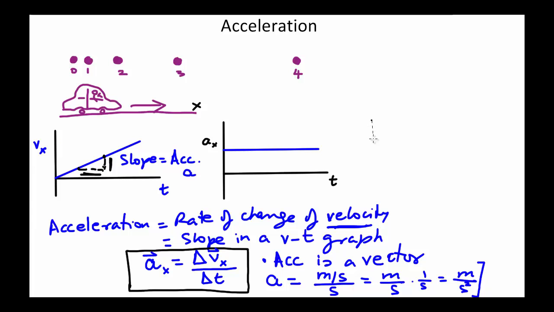And then the position time graph would look like this. I've got position x along the y-axis. I've got time t along the x-axis. And let's say I started at the origin and my velocity initially was 0. I was at rest. So the slope here needs to be pretty flat. And then the velocity, which is the slope in a position time graph, keeps increasing with time, which means this graph needs to get steeper and steeper and steeper as I go.